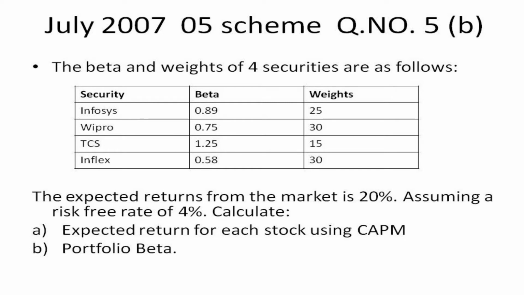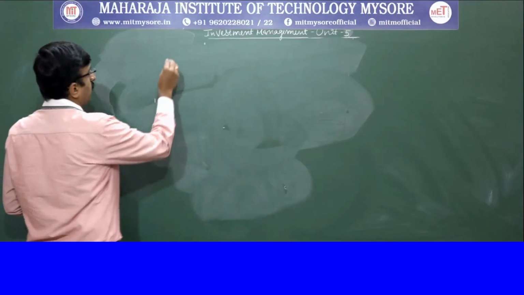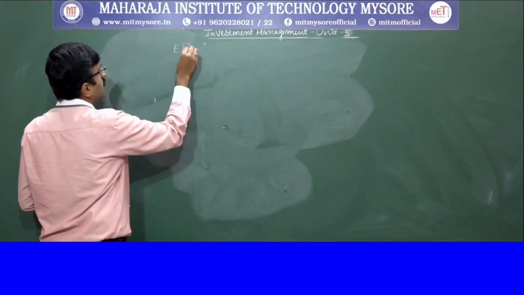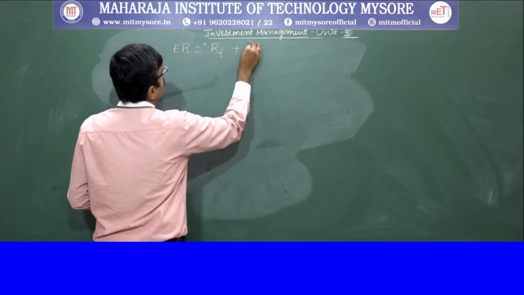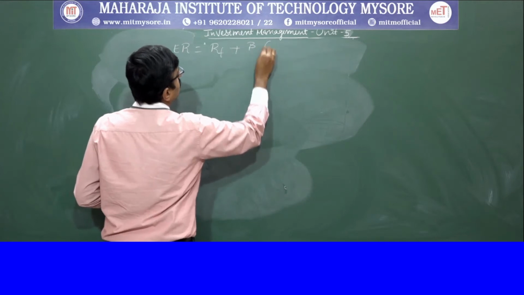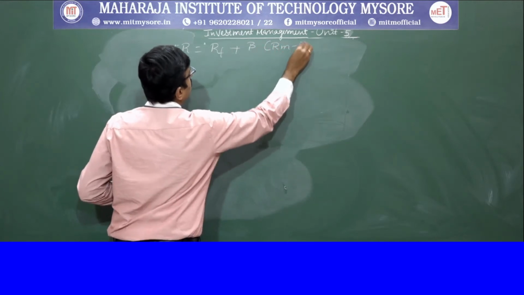We have to apply the CAPM formula. Expected return is equal to RF plus beta into RM minus RF.